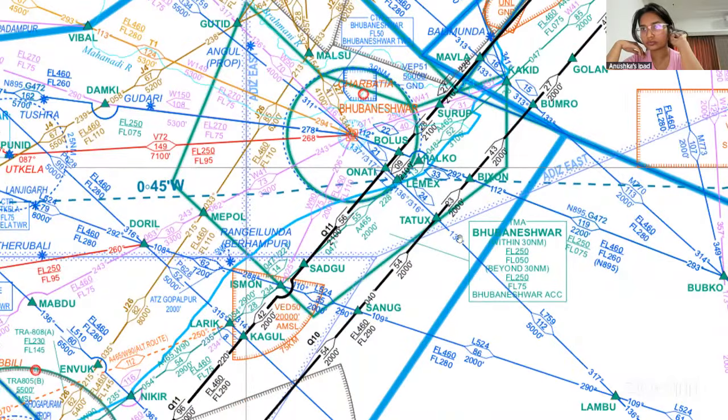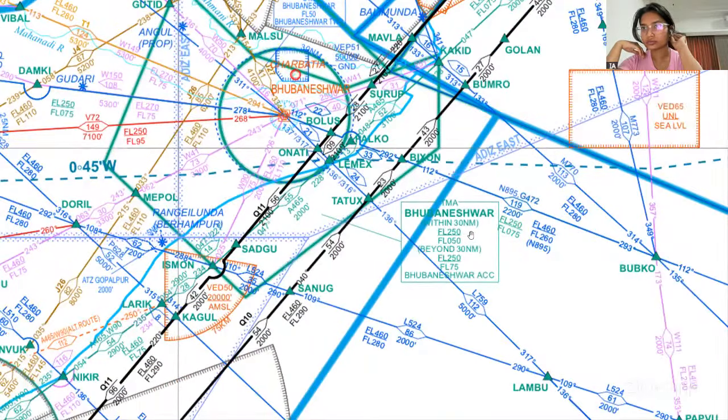So we will connect with Bhubaneswar control. But here they are saying beyond 30 nautical miles, you are talking to Bhubaneswar control there. So here maybe you're within this nautical mile, you'll not talk to control, but maybe you'll be talking to a lower Bhubaneswar air traffic controller.